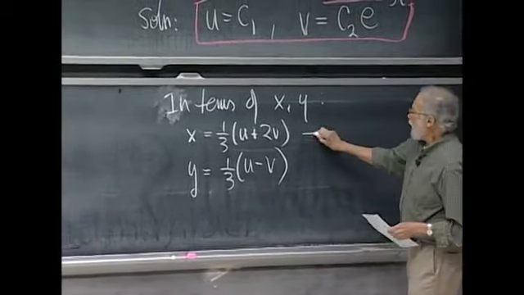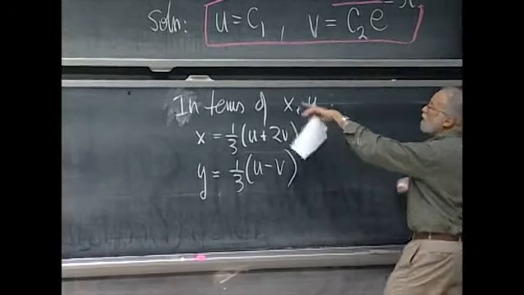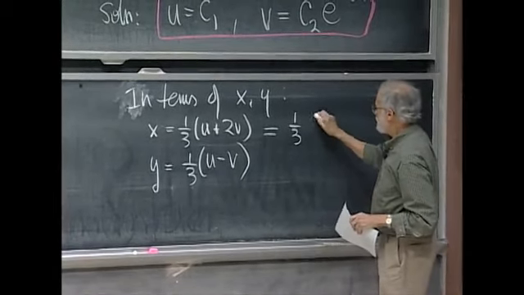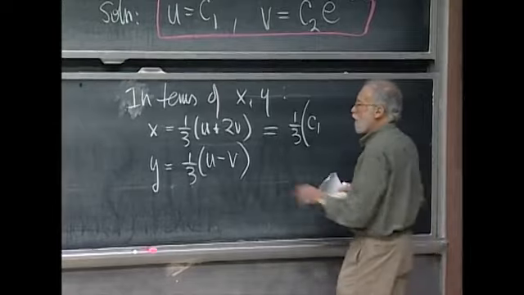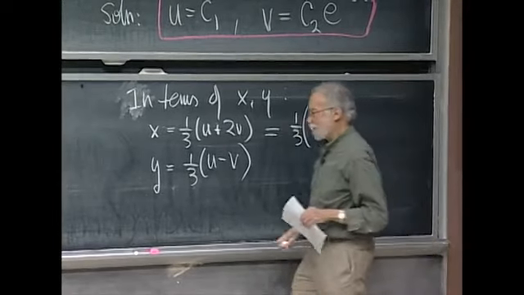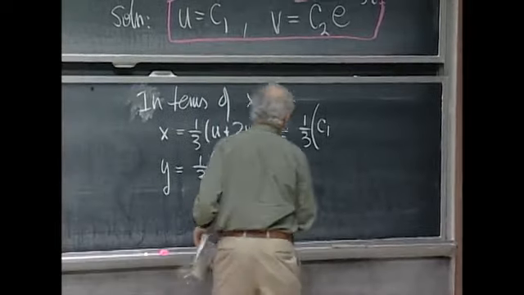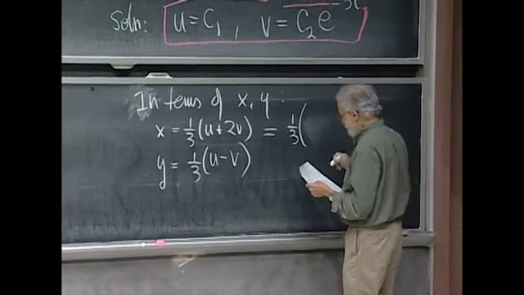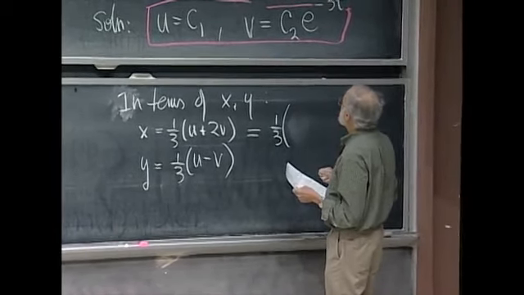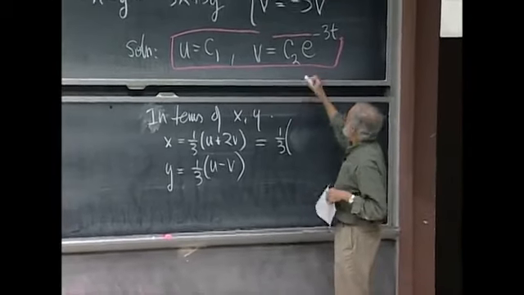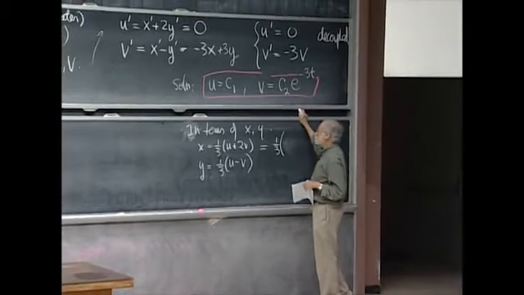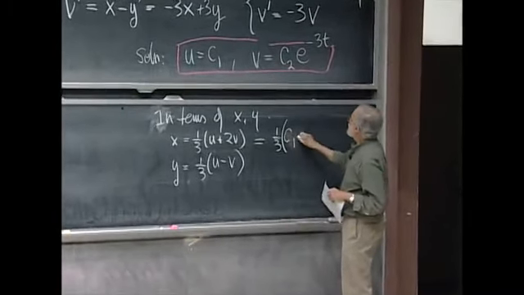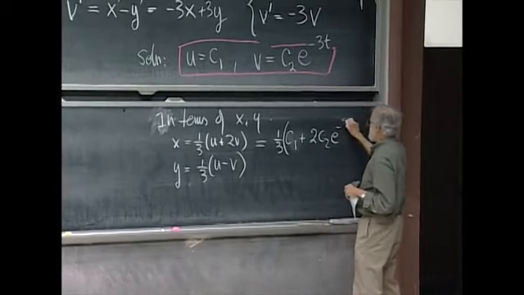And then if you substitute in, you'll see what you'll get is 1/3 of C1 plus 2C2 e to the negative 3t.